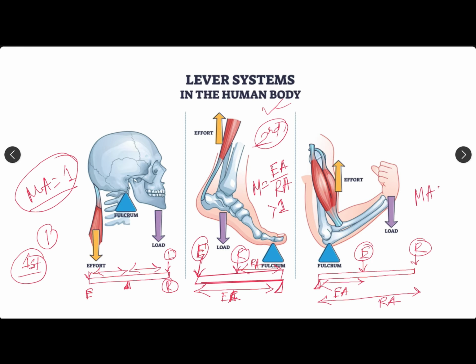So the mechanical advantage is less than 1. So in the third order lever, the mechanical advantage is low. So it is the second order lever which is called the lever of power.